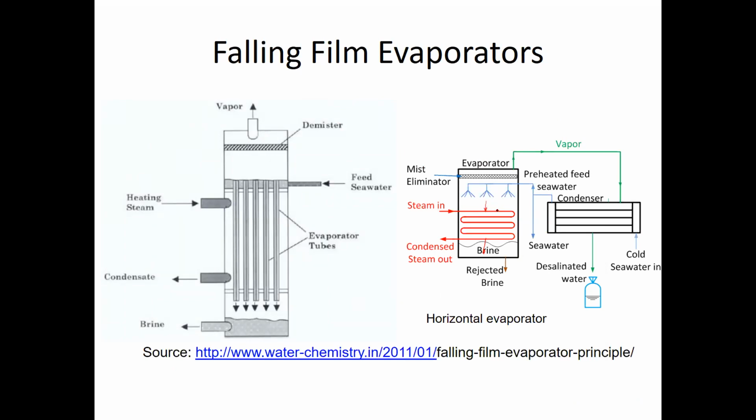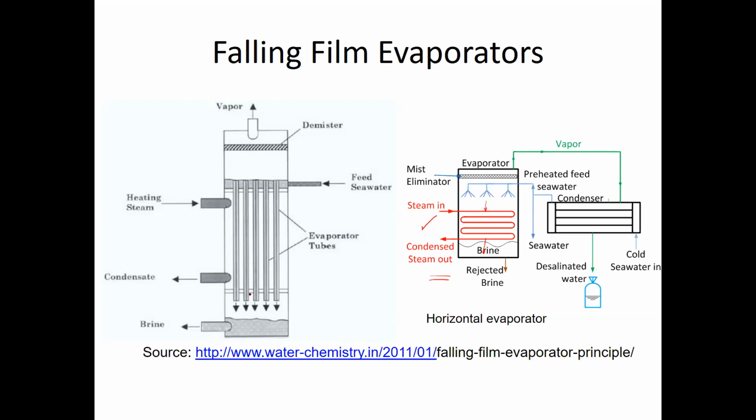That effectively heats this quantity, and evaporation becomes easier to occur. So this arrangement is better compared to the submerged evaporators. It could be horizontal, as you see it here, or it could be vertical. We prefer this. Why do we prefer this?